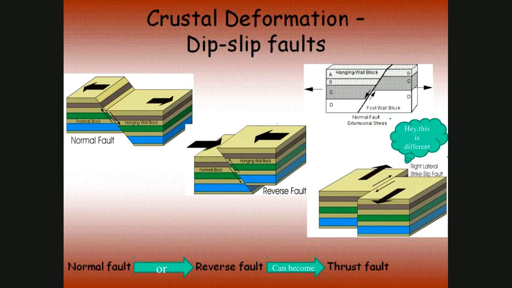And if it slips in that direction, sure, it's a strike slip fault. Okay? By the way, a normal fault or a reverse fault can become a thrust fault if one part is pushed up and over the other one.